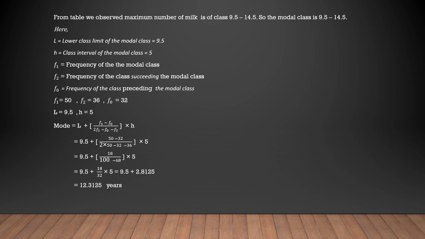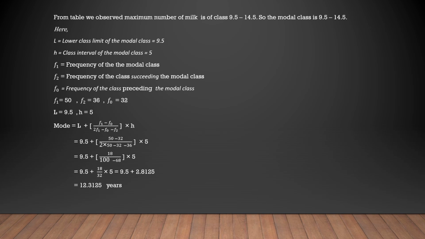Next, 9.5 plus 18 by 100 minus 68. So 100 minus 68 is 32, into 5. So 18 by 32 into 5. 18 into 5 is 90. So 90 by 32.